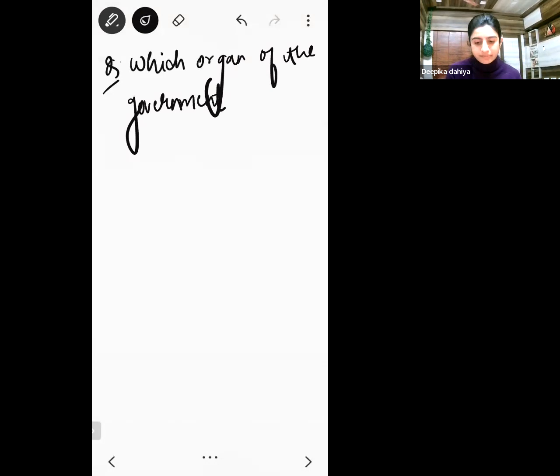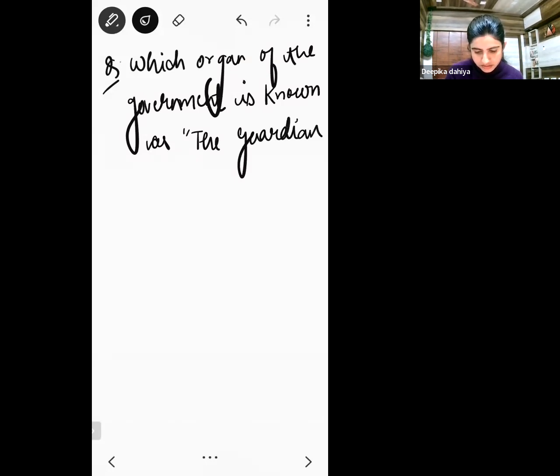Which organ of the government is known as the guardian of the Indian Constitution?